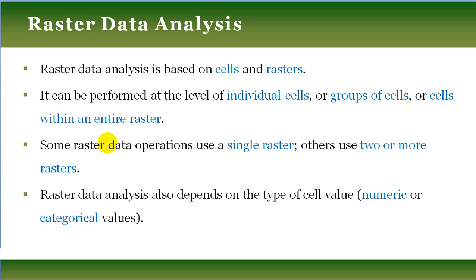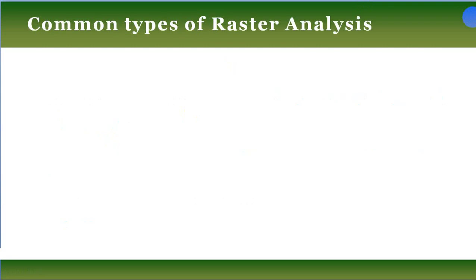Or the cell can contain a numerical value like elevation or rainfall, and so on. So different types of raster operation also depend on which type of value is present within each and every cell, whether numerical, categorical, or more specifically textual. In the next slide I will show you some of the common raster operations that we generally perform using GIS software.